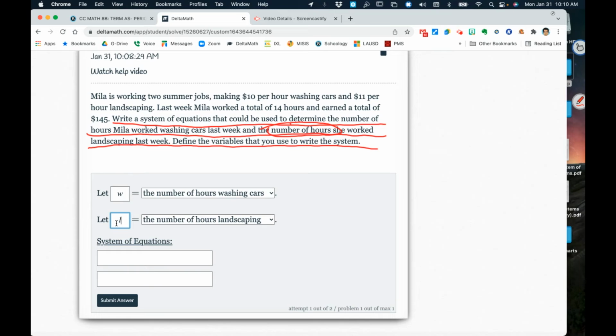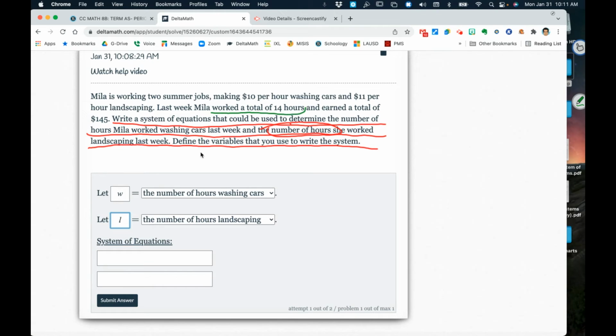Now, we've got to come up with some equations. Let's go back. They tell us $10 per hour washing cars, $11 per hour landscaping. And it also said that she worked a total of 14 hours.